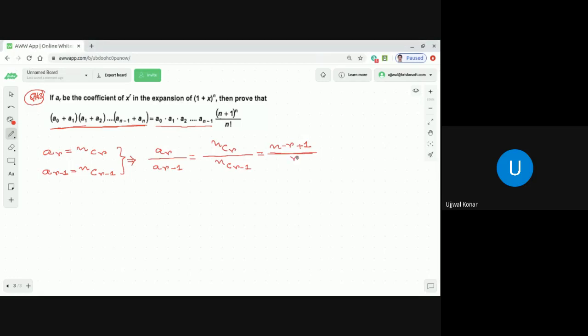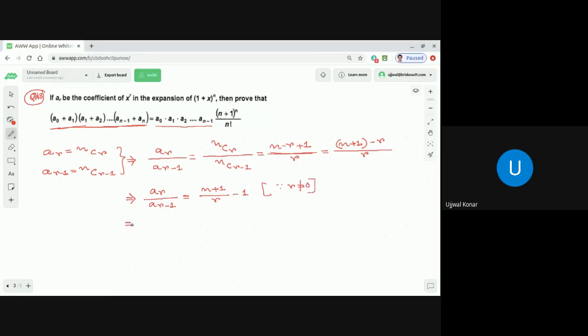Or we can write this as n plus 1 minus r divided by r. So we can write AR divided by AR minus 1. Dear students, you need to take the reciprocal, AR by AR minus 1, you need to think that; that is the main part here. After that, it becomes not that difficult. So this is going to be n plus 1 by r minus 1, r by r, since r cannot be equal to 0.